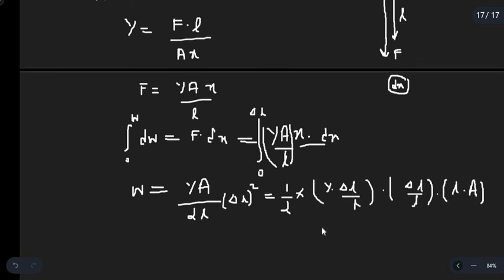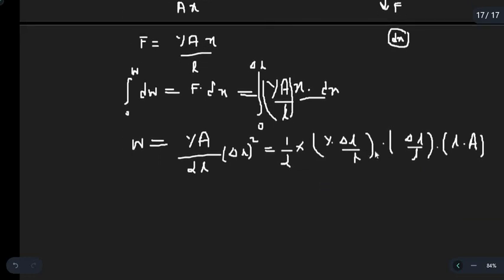So in this very formula, each and every term you recognize, right? So let's take it as half into, see, Y is your Young's modulus and del L upon L is your longitudinal strain. And we know that stress upon strain is your Young's modulus. So this part, Y into del L upon L, is nothing but your stress.